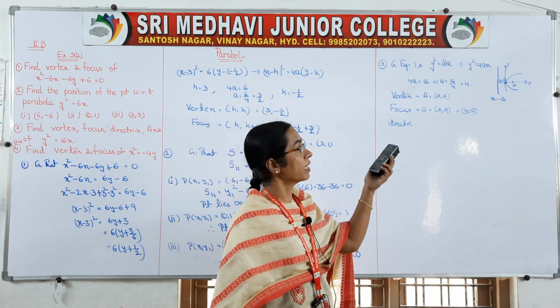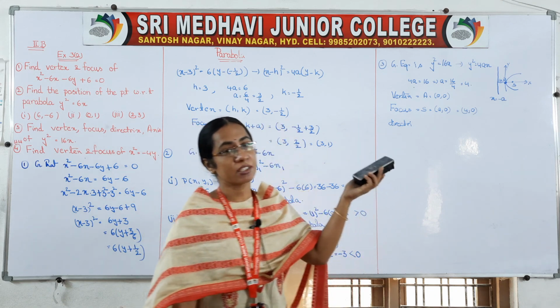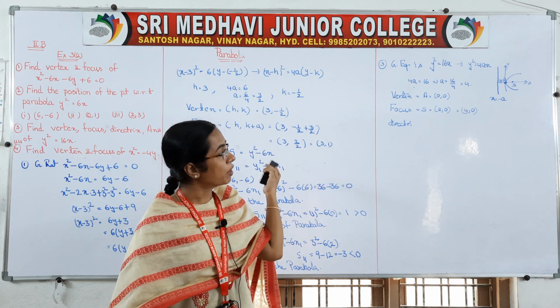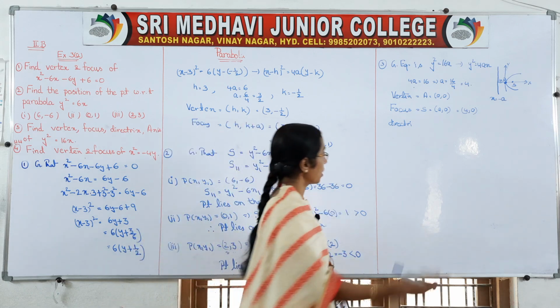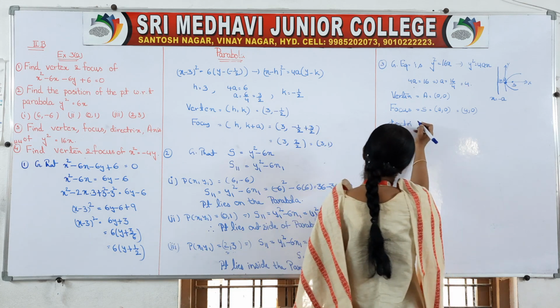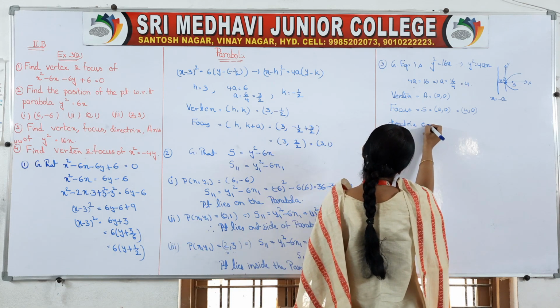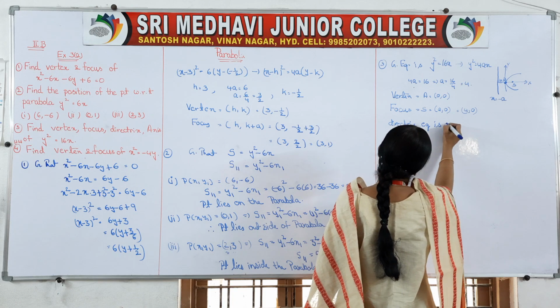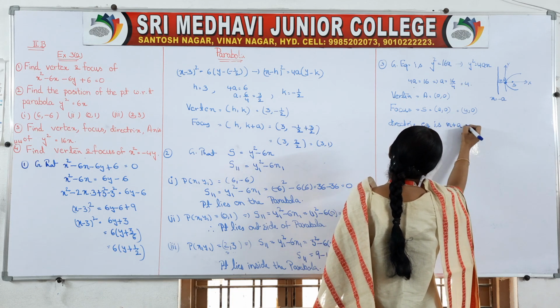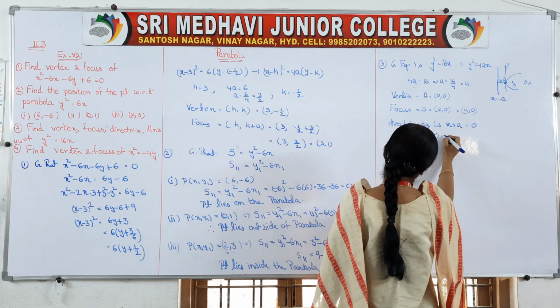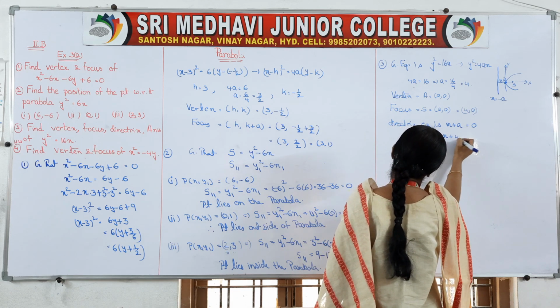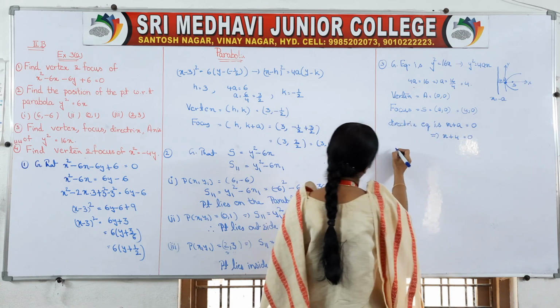That's why we have taken that line equation as x is equal to minus a. Bring that side. It is x plus a is equal to 0. So directrix equation is x plus a is equal to 0, which implies x plus 4 is equal to 0.